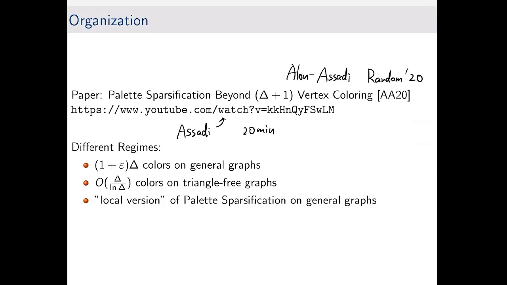So the paper consists of results in three different regimes. The first one is (1 plus epsilon) delta coloring on general graphs. And the second one is delta over log delta colors on triangle-free graphs. This result was proven with a technique called Rödl's nibble method, also known as the semi-random method.